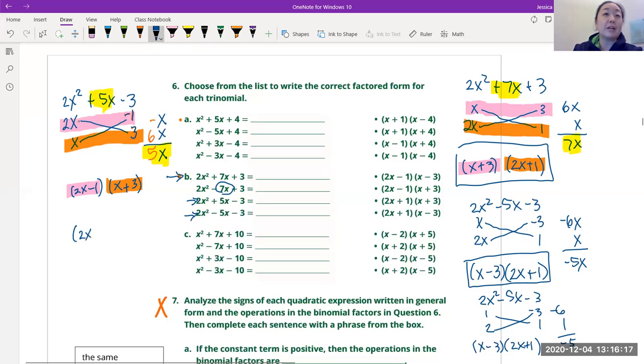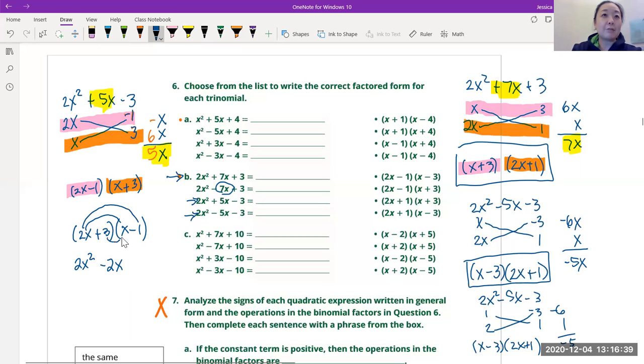So let's say you're like 2x plus 3, because you're like crisscross method, Miss Lee, x minus 1. Okay, and here's my proof to you. All right, so 2x times x is 2x squared. You're like, see, I'm fine. See, 2x squared, same thing. Okay, let's just wait. 2x times -1 is -2x.